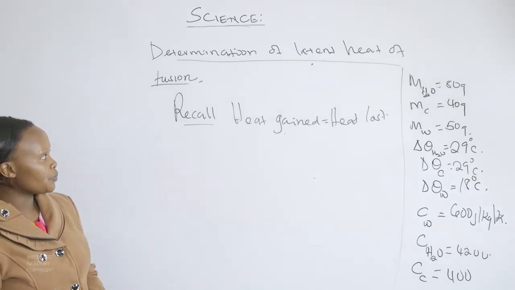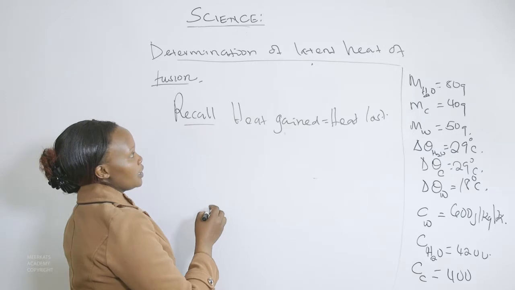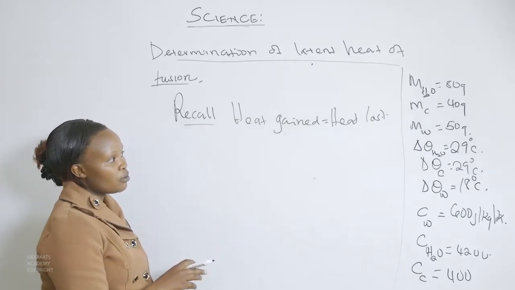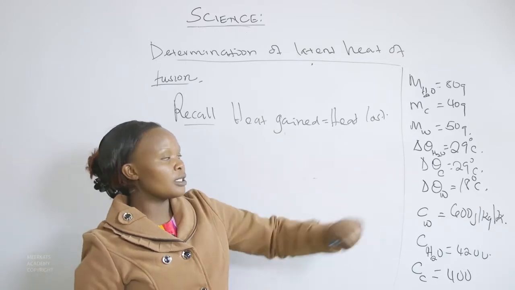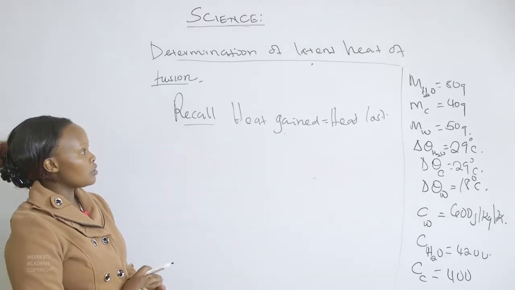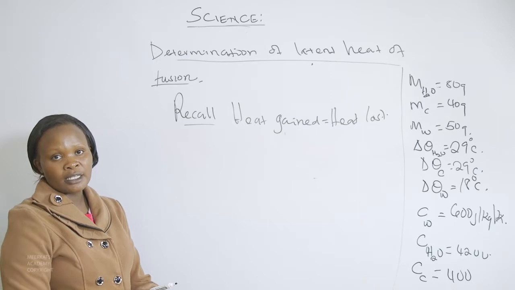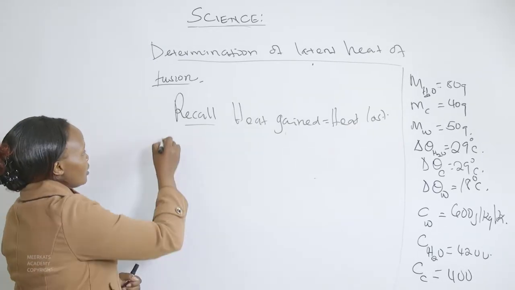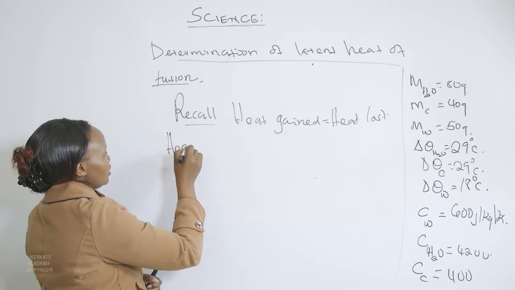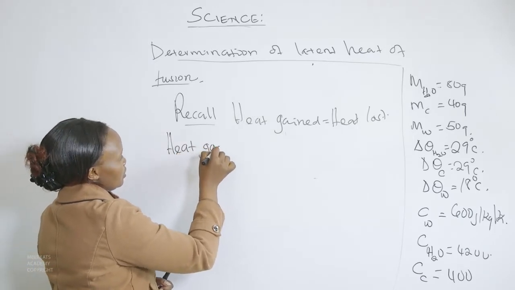Now, heat is being gained by water and the calorimeter, and the heat lost is by our molten wax. Let us start by heat gained.